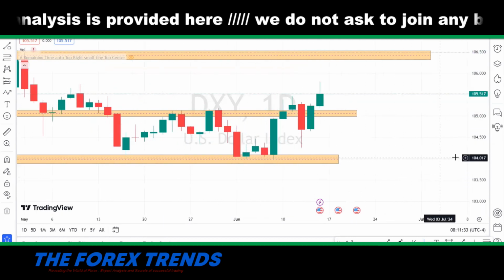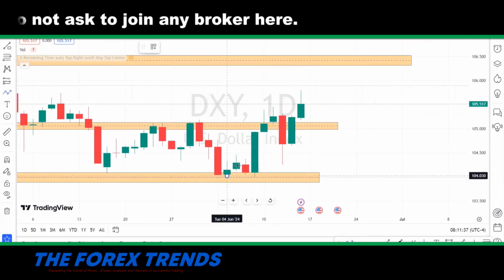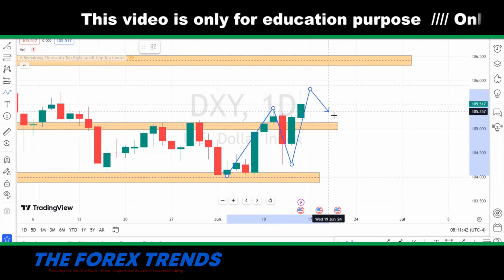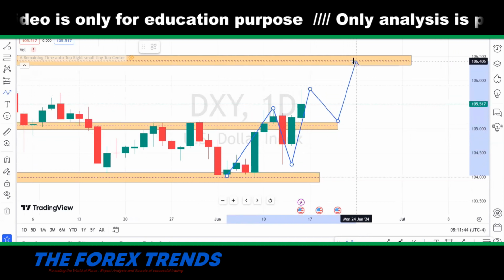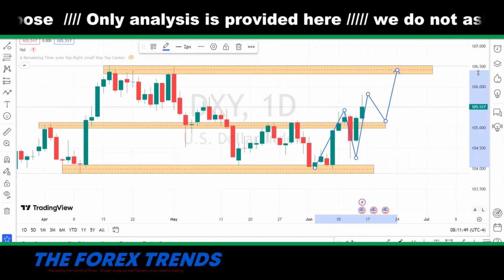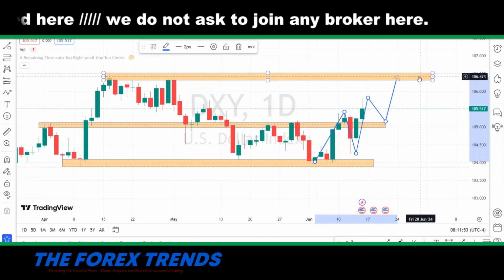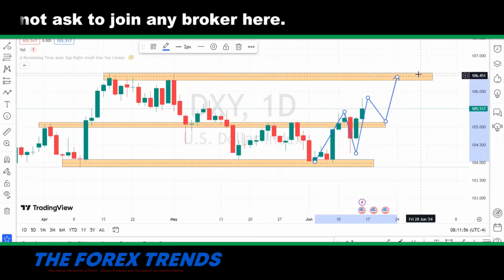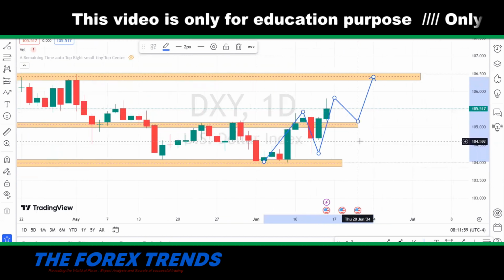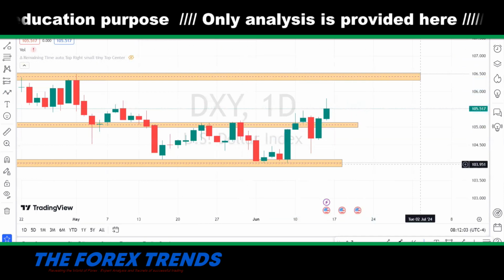Okay, so what is the expectation for next? This is the next expectation. Market may go up to this resistance, and this is the next resistance for DXY, at a price of 106.40 to 106.50. We may see DXY up to this, but this will take time.